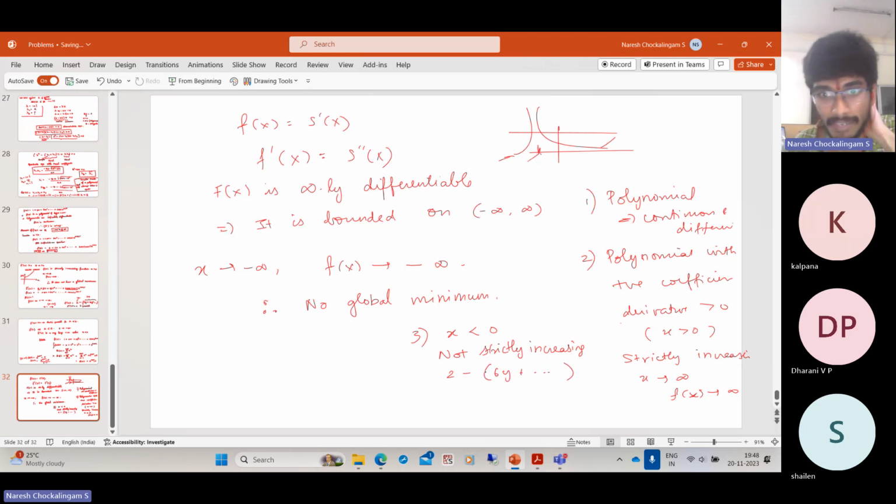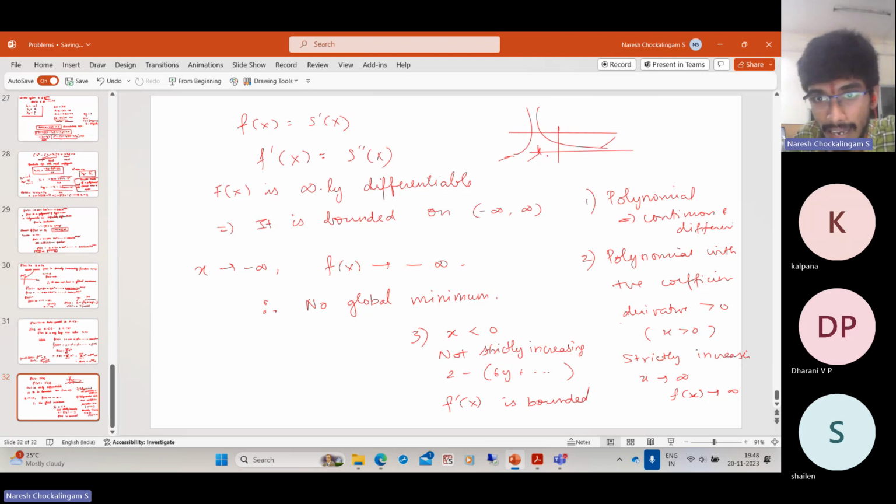So f dash of x can be 0, f dash of x less than 0, it is possible. So when x is negative, you had something like this. So it is not strictly increasing. However, since the function is continuous and differentiable, the value of f dash of x is bounded.